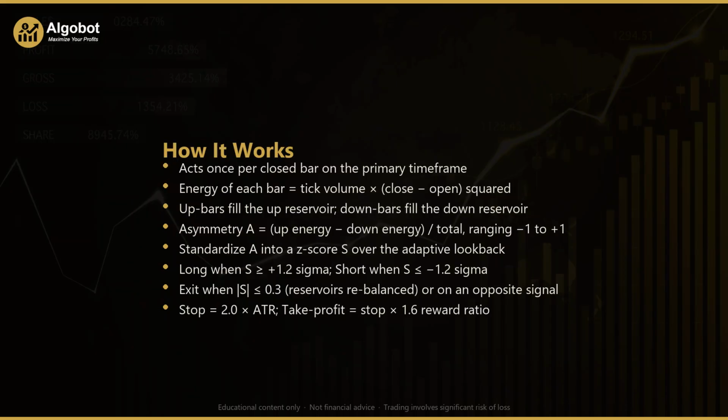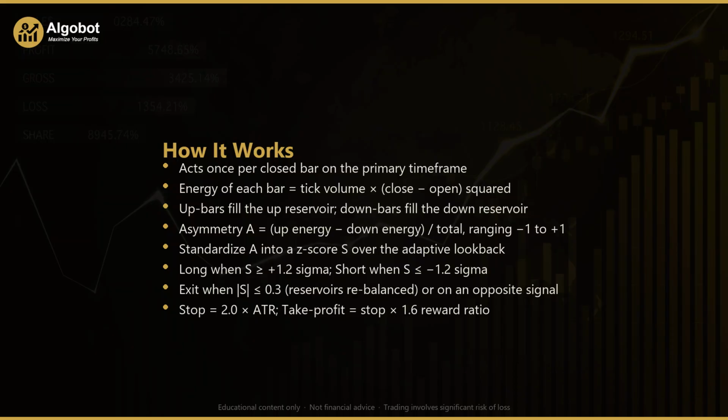Let's walk through the mechanics step by step. The strategy works on closed bars only, acting once each time a new candle completes on the primary time frame. When a bar closes, the EA records its open, high, low, close, and tick volume. First, it calculates the energy of each bar in the pooling window, which defaults to the last 20 bars.